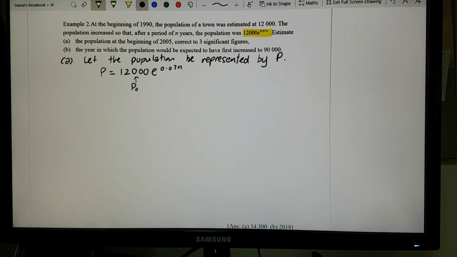Alright, so now they want the population at the beginning of 2005. From 1990 to 2005, how many years are there? 15. Okay, good.